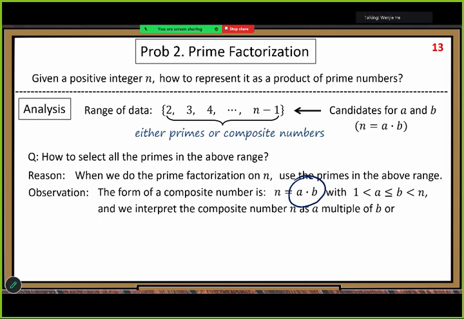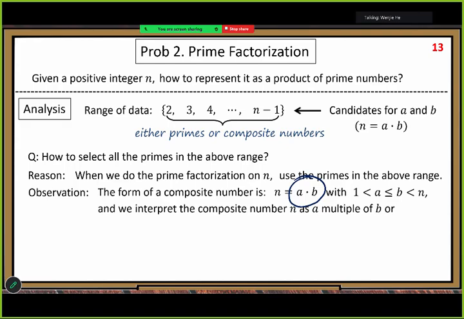With A multiple of B, we can fix this A. Then we look at all the multiples of A. So taking some special view is very important in our understanding.